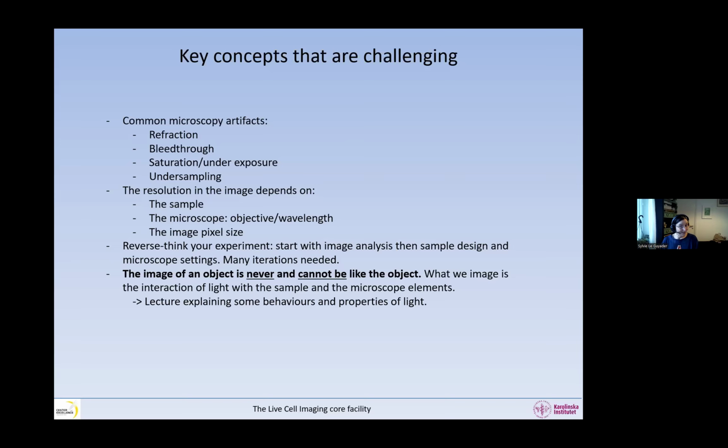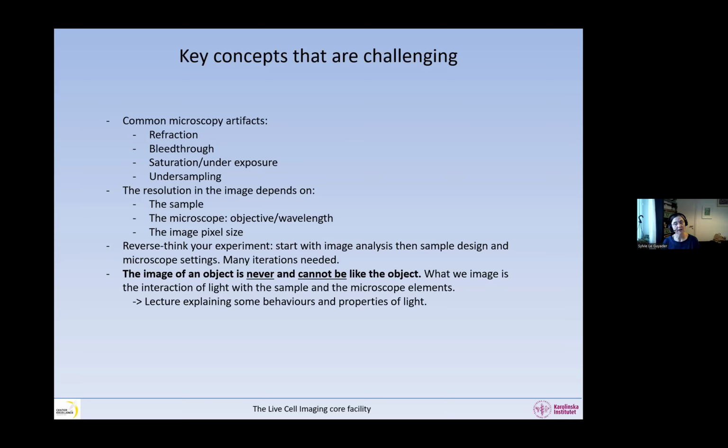Something that is a little bit difficult to grasp, but it's really important: the image of an object is never, and it cannot be, like the object. But we'll see this today. I think you will understand at the end of the day what I mean. What we image when we capture an image in microscopy is the interaction of the light that comes from the sample, within the sample and with the microscope elements.